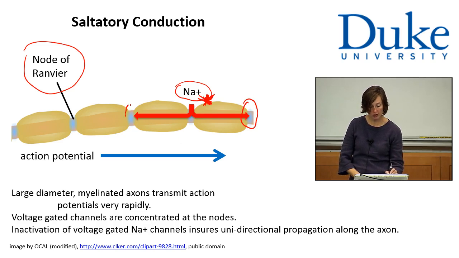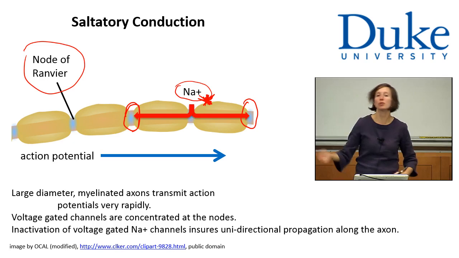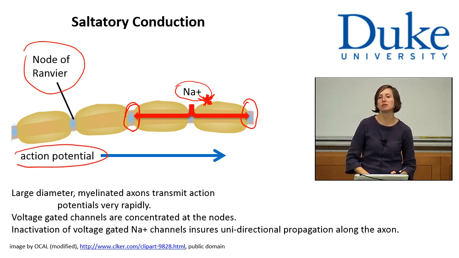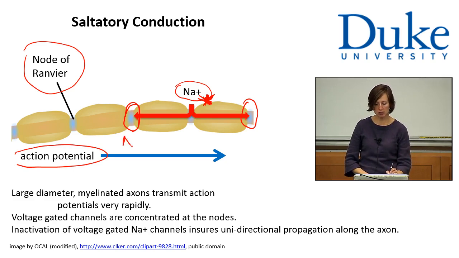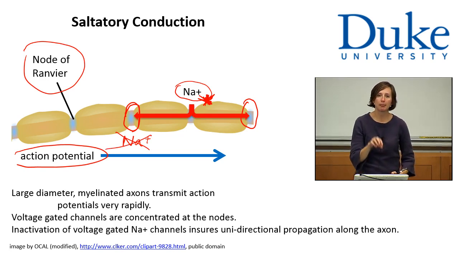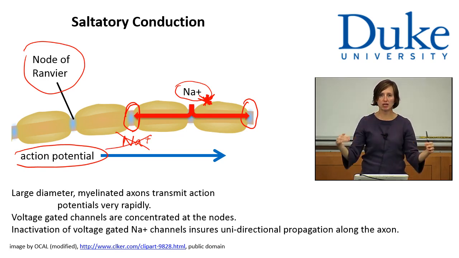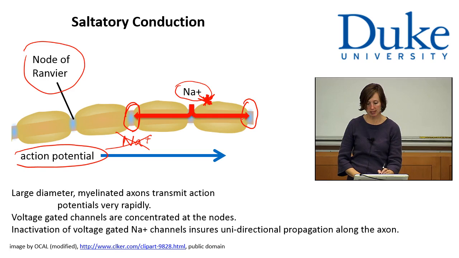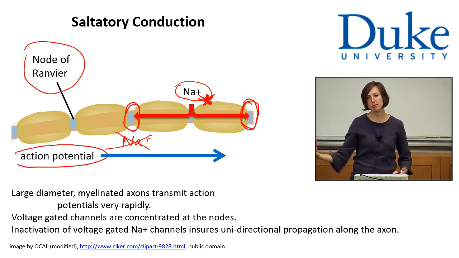They're also felt down here in the previous node, but that's the spot that just had an action potential, and so here the sodium channels are inactivated, and it doesn't matter that the depolarization is felt at the node that just fired, but it does matter that it's felt at this downstream node.